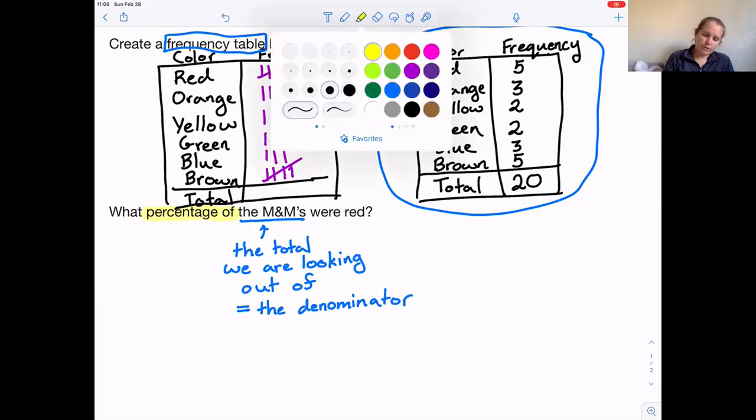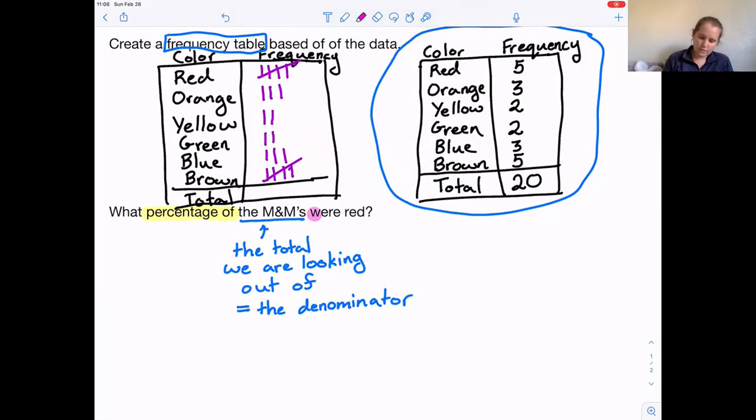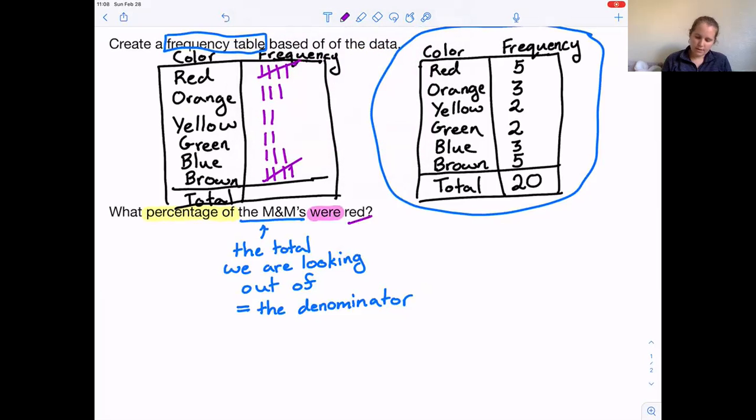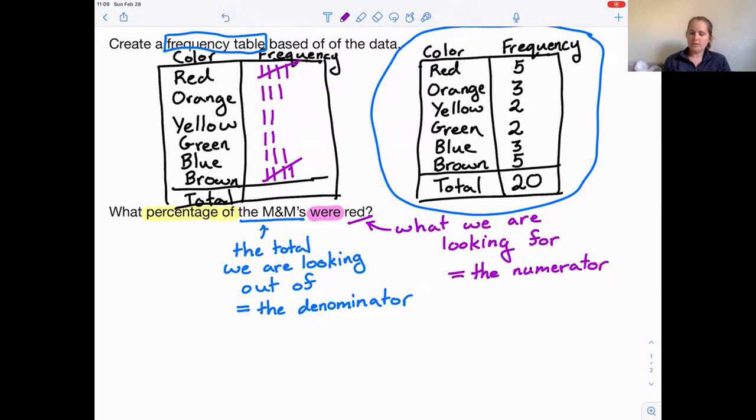Next, we find the verb. The part after the verb tells us what we are looking for. So this is what we are looking for. This will be our numerator, or the top of our fraction.